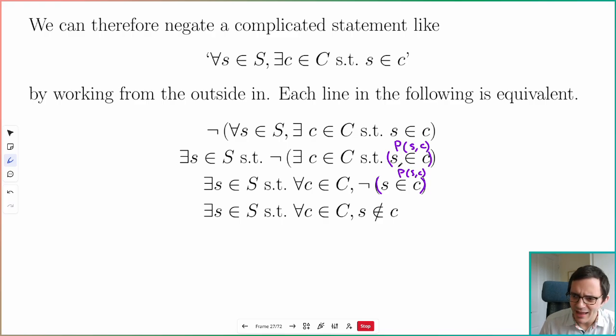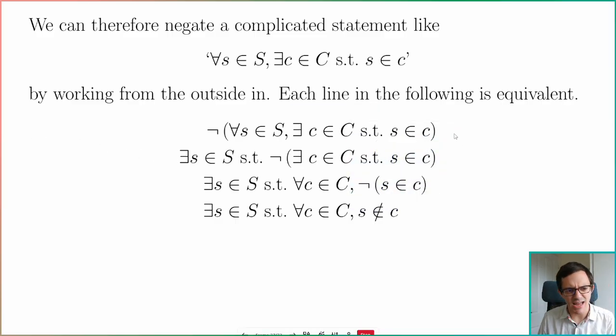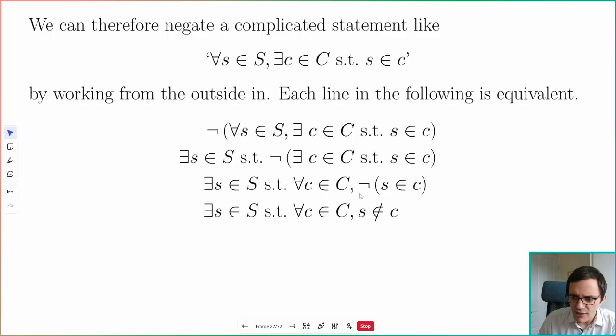And at this point, s is fixed. We're inside some sort of wider brackets where we're talking about a particular student. So I have that statement which depends on s, but it's a fixed s at that point of the statement. Okay, so then finally I have the claim down here, not student is a member of the college, which we might write as student is not in C.